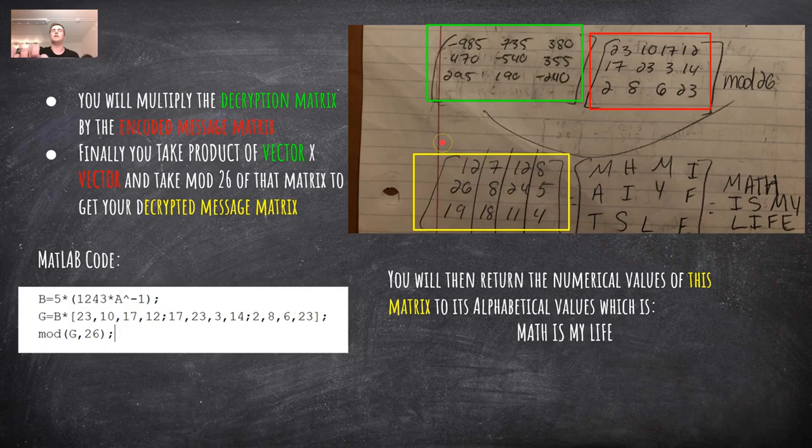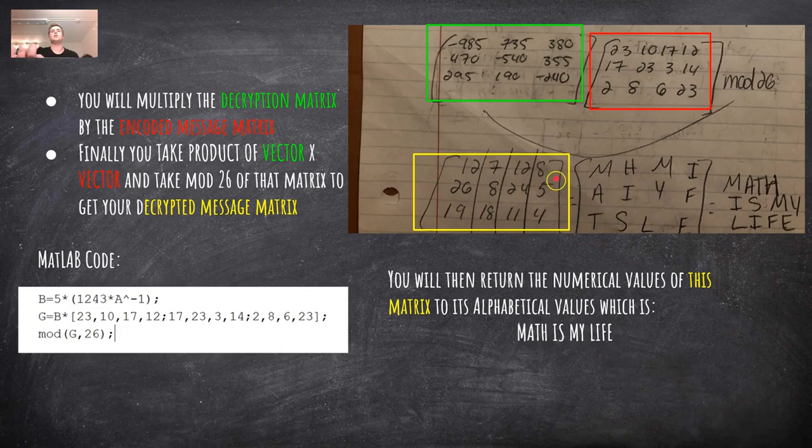This is in terms of the alphabet that we have chosen to use to decrypt our message. The decrypted message matrix will be 12, 7, 12, 8, 26, 8, 24, 5, 19, 18, 11, and 4.